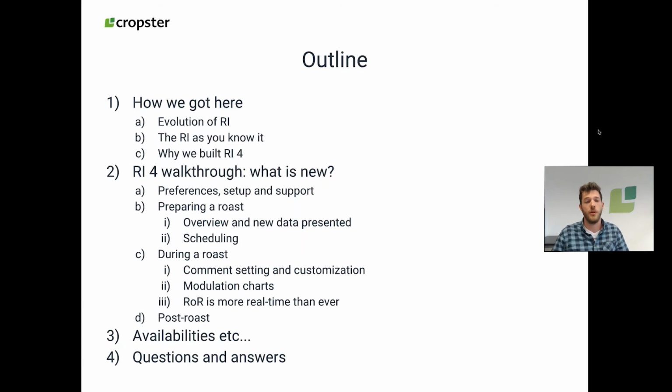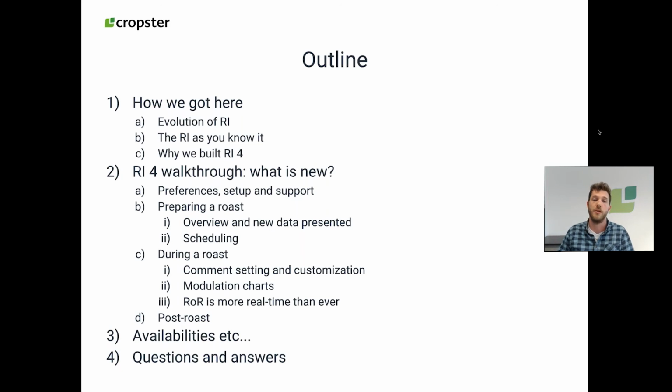I will begin with some administrative parts, preferences, setup, and support, and then go through the natural flow of a roast: preparing a roast, taking a thorough look at that screen and what is new there, with some focus on the updated scheduling window and functionality. Then we will jump into a roast.